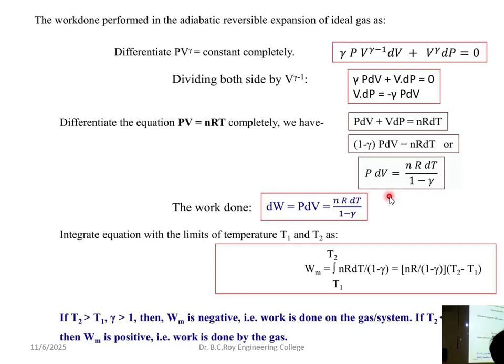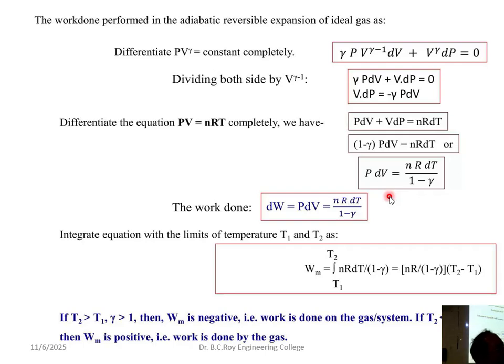Just write down PV equal to RT and T constant for the isothermal process. Then PV equal to constant. So PdV plus VdP equal to 0. PdV plus VdP equal to 0. So VdP equal to minus PdV. Write it down. VdP equal to minus PdV.